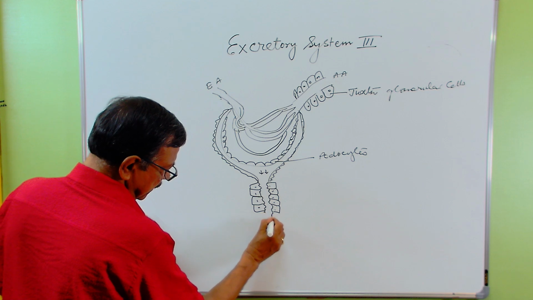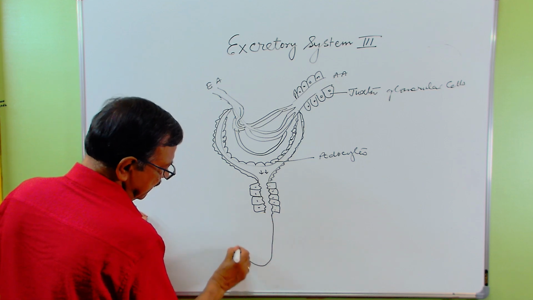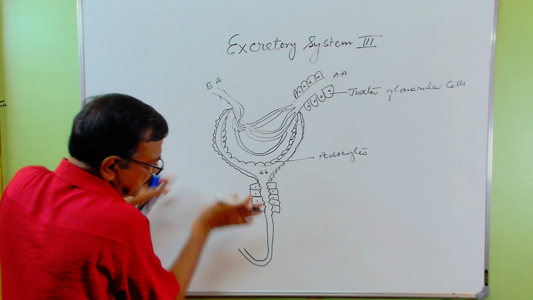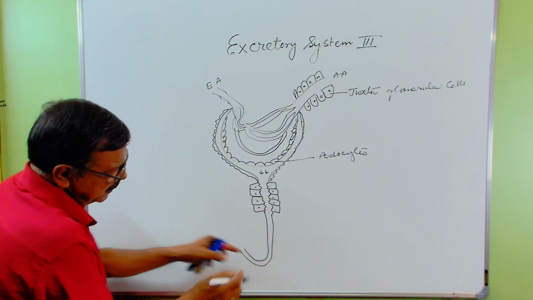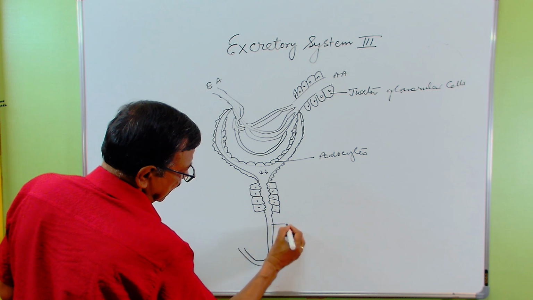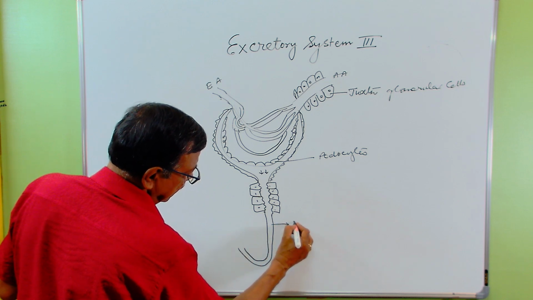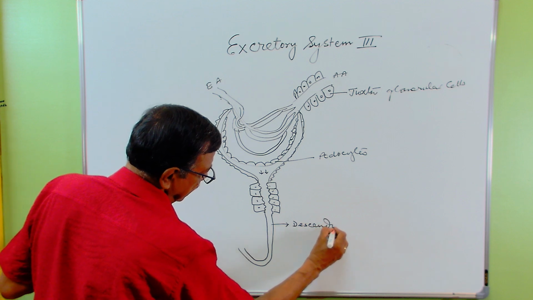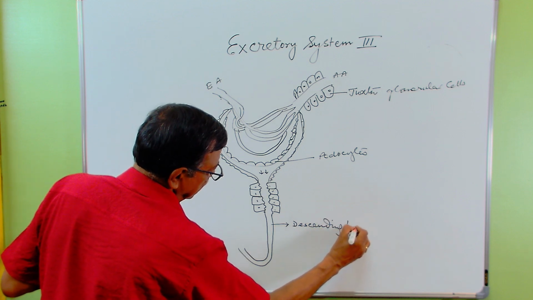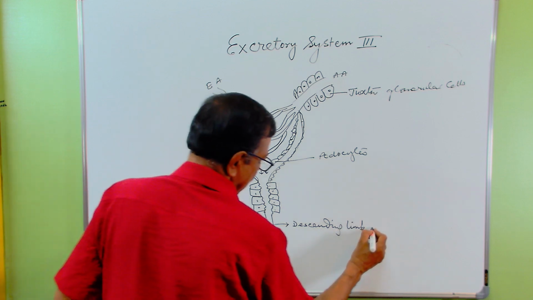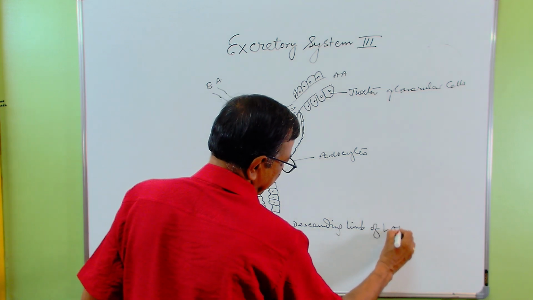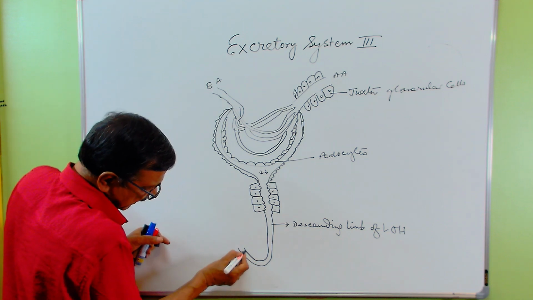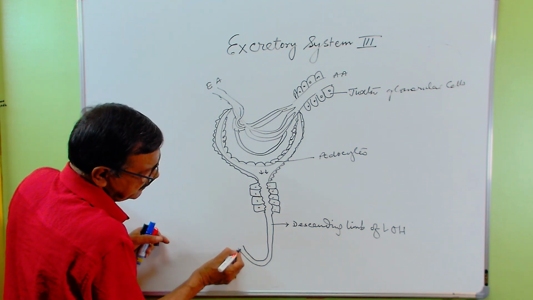And then it is going towards the medulla, so it is known as the descending limb of loop of Henle. This is the descending limb. This is loop of Henle. It is the ascending limb.